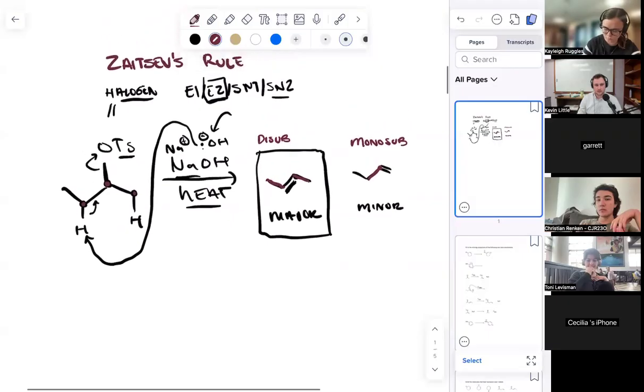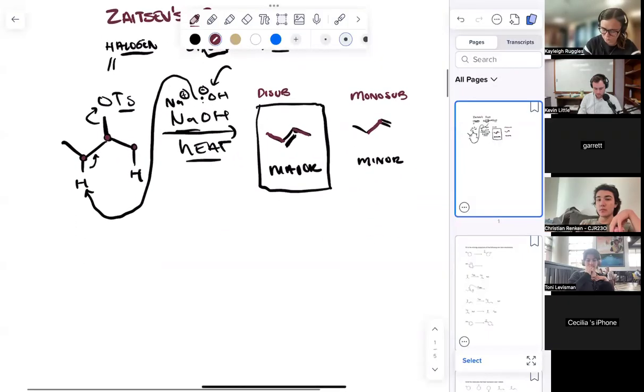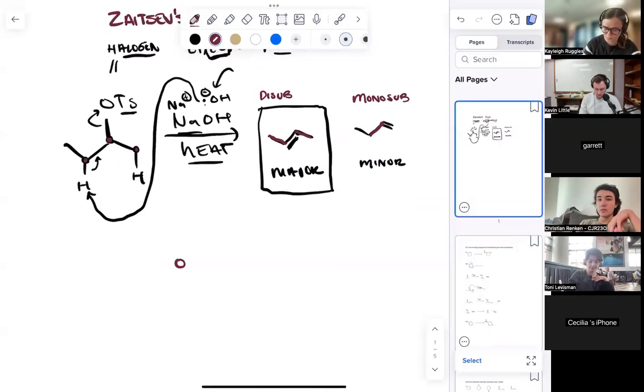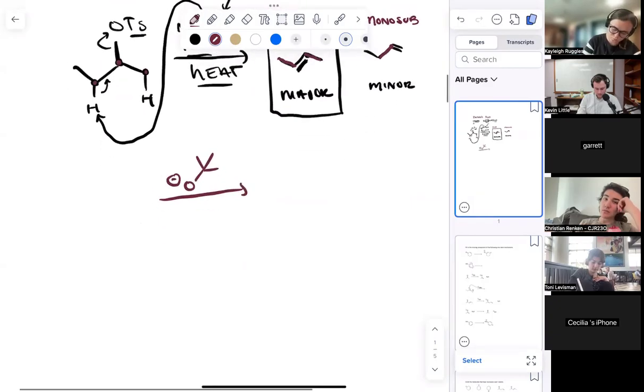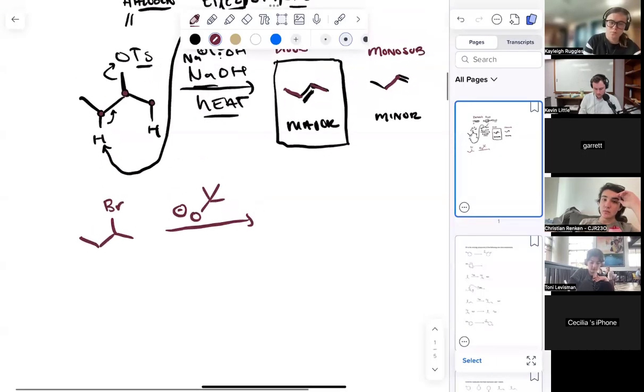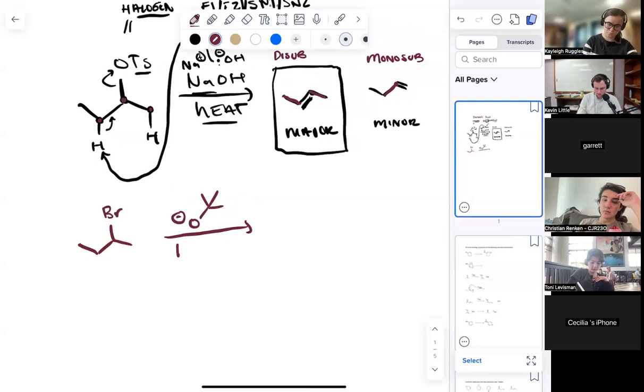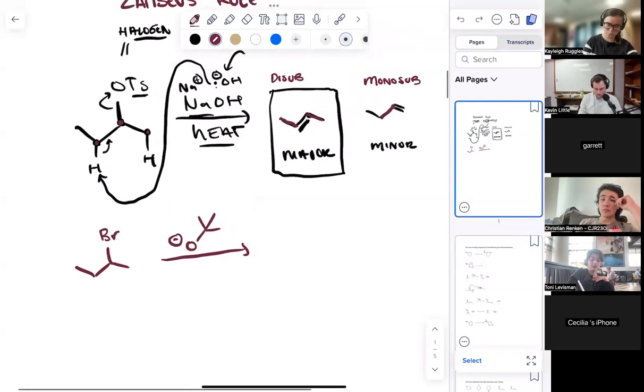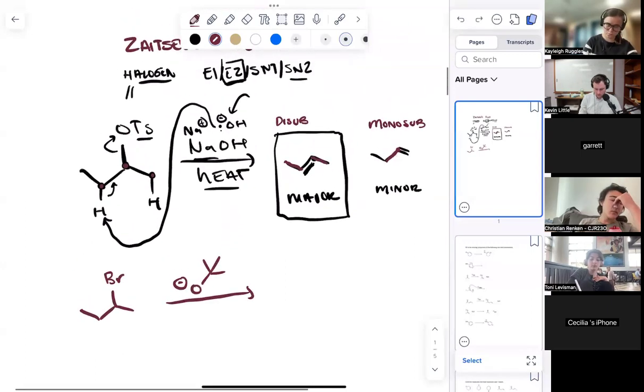The only exception to Zaitsev's rule is if I had a super bulky base. If I had something that looks like this. So this is charged. Therefore, I'm looking at some kind of two.